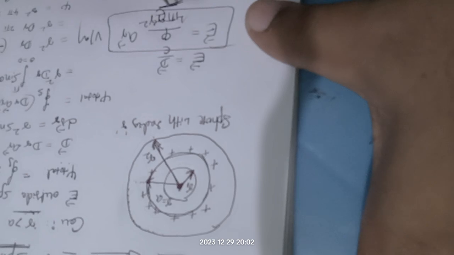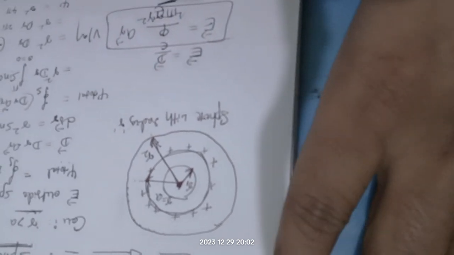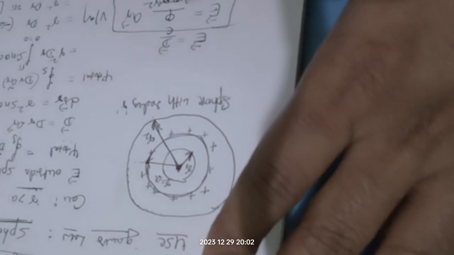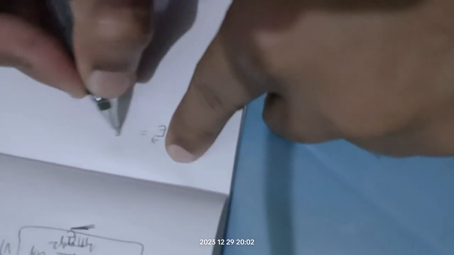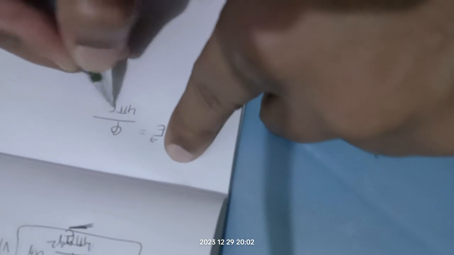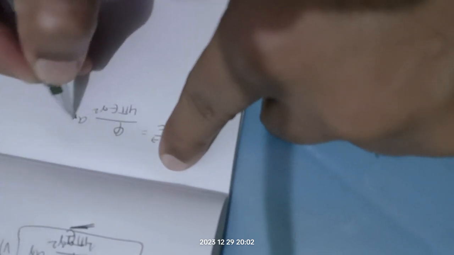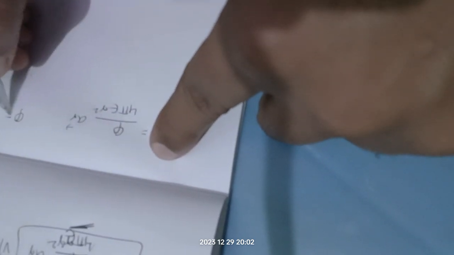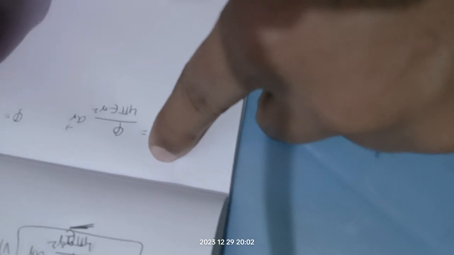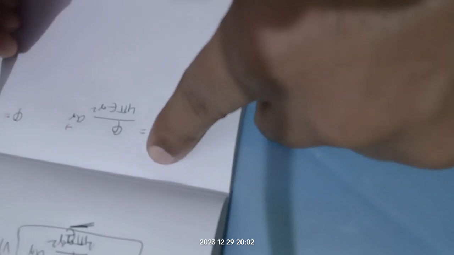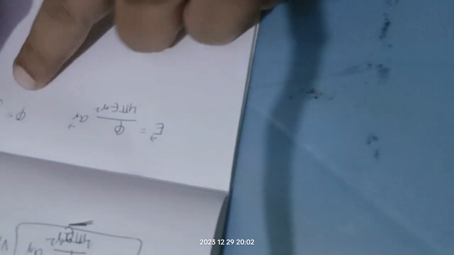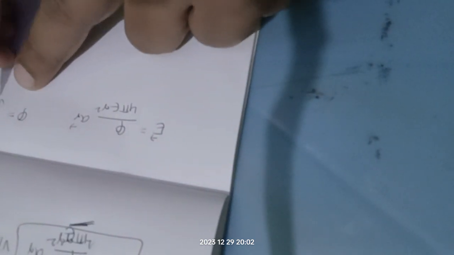Here we can consider the next part. This E is equal to Q divided by 4 pi epsilon r squared a_r. This Q we will consider with respect to the volume charge, so it is rho_v dv. What does dv stand for?